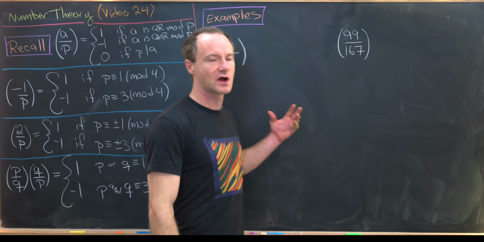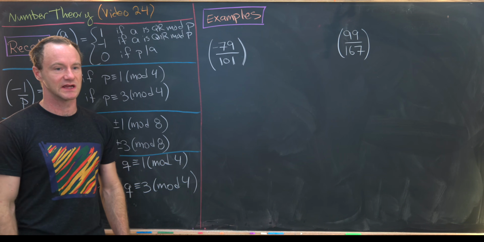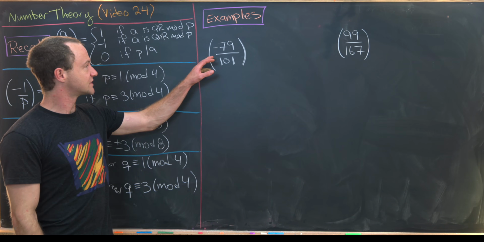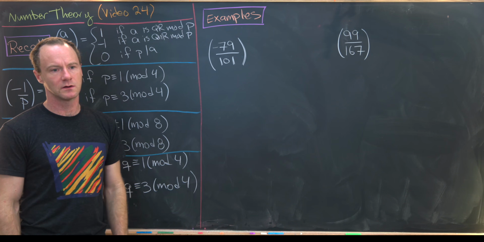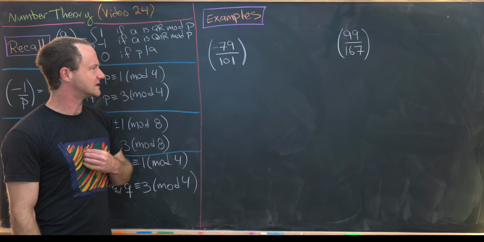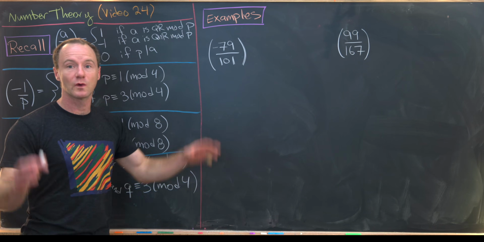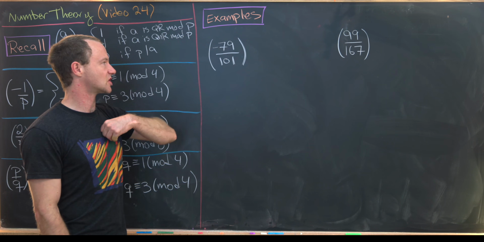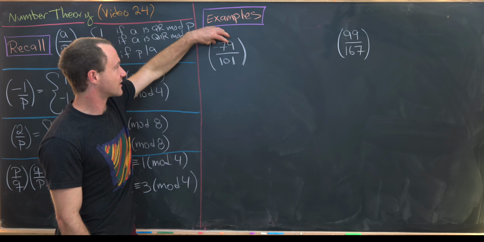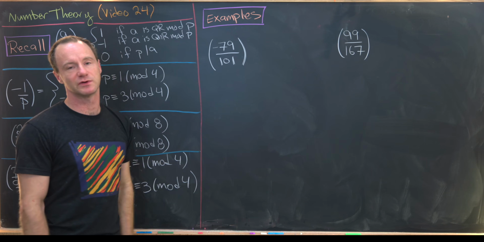Okay, so let's work through a couple of basic examples first, and then we'll look at some more interesting applications. We're going to start with -79 by 101. The first thing I would like to do is add 101 to the top part, because the value of this Legendre symbol is invariant under changing the top part by a multiple of the bottom part.